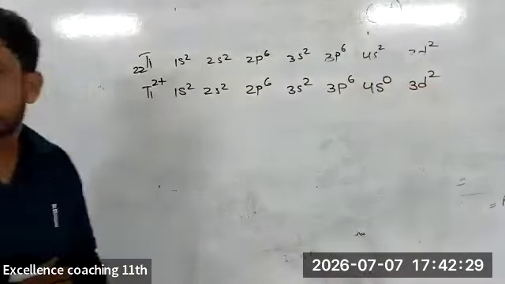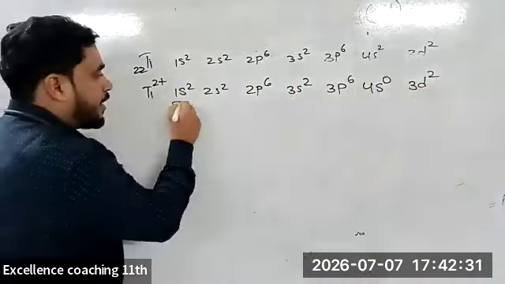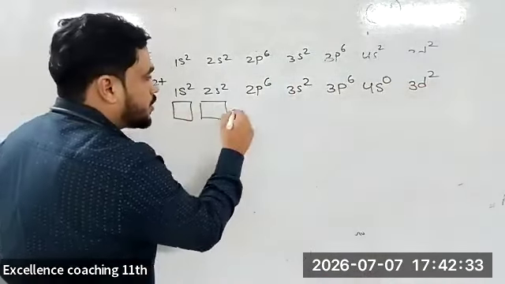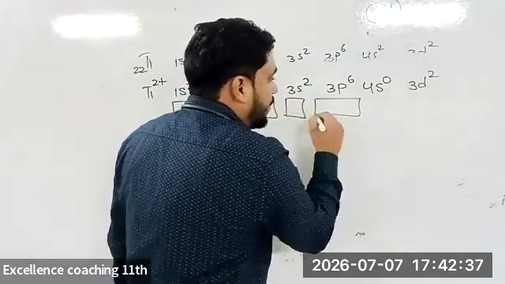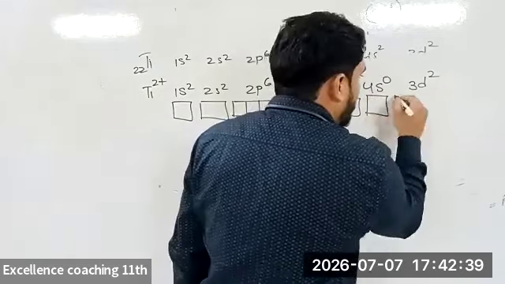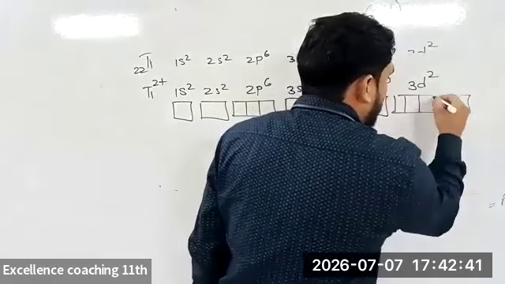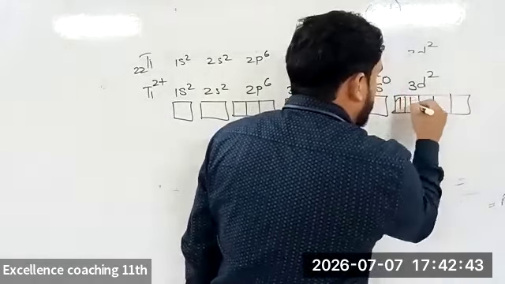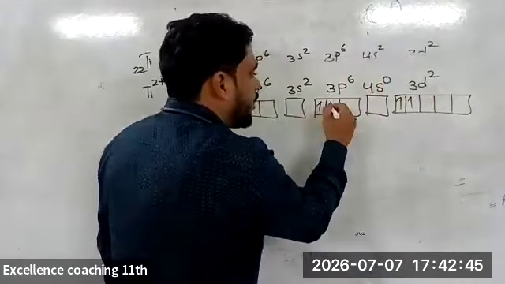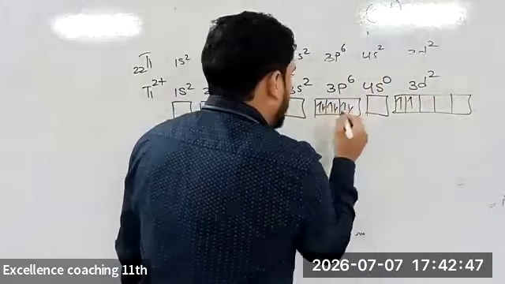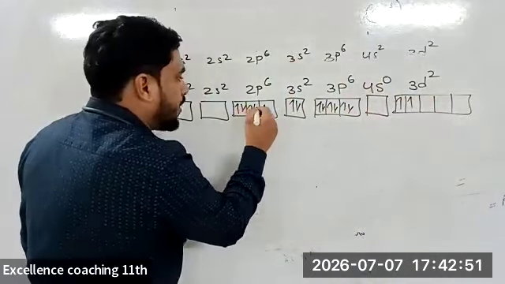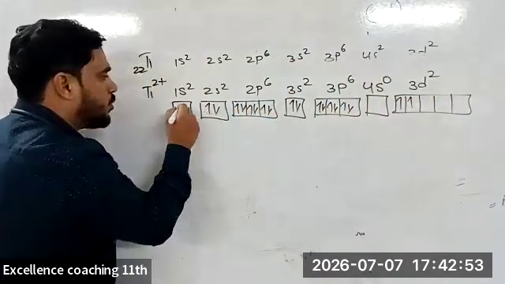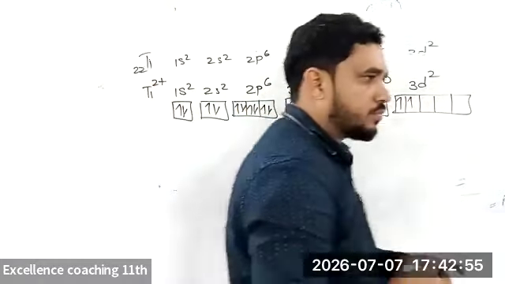Write like this. 1s, 1 orbital; 2s, 1 orbital; 2p, 3 orbitals; 3s, 1 orbital; 3p, again 3 orbitals; 4s, 1 orbital; 3d, 5 orbitals, 2 electrons in 3d; 3p6; 3s 2 electrons; 2p 6; 2s 2; 1s 2.